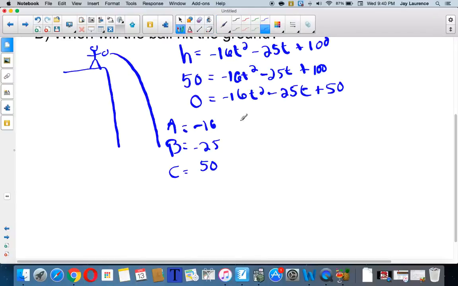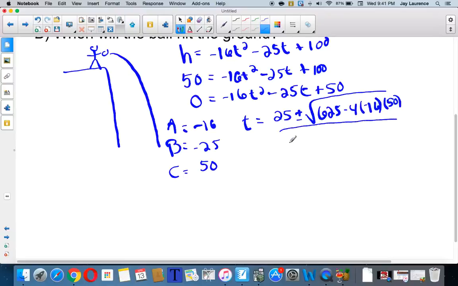And so t equals negative b plus or minus the square root of b squared minus 4ac all over 2a. All right, excuse me.